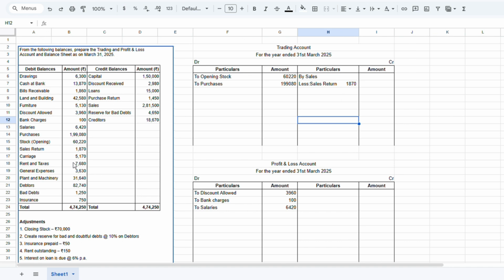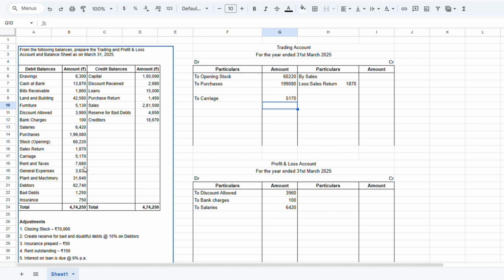Next, carriage 5,170. Carriage is also a direct expense. So, trading account, debit side, to carriage 5,170.